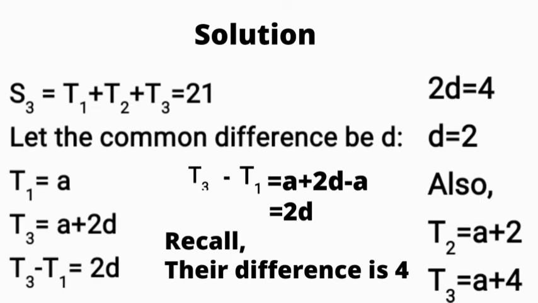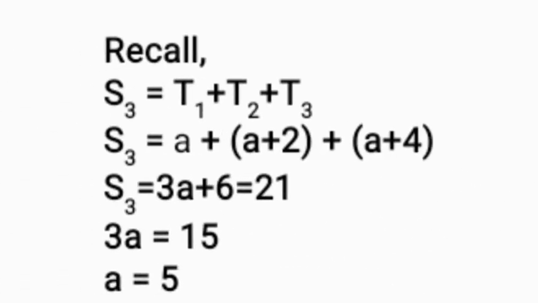Don't forget that we are looking for the first 3 terms. So the first term is A. The second term, T2, is A plus D. But when D is equal to 2, A plus D is equal to A plus 2, which is the second term. The third term is equal to A plus 2D, which is also A plus 4.